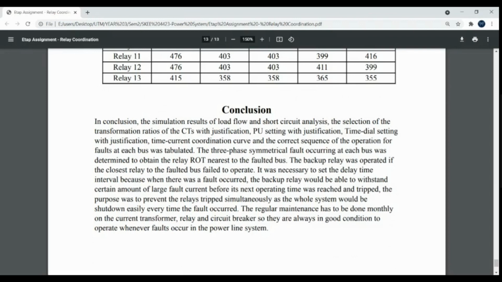The purpose was to prevent the relays from tripping simultaneously, as the whole system would be shut down easily every time a fault occurred. Regular maintenance has to be done manually on the current transformer, relay, and circuit breaker, so they are always in good condition to operate whatever fault occurs in the power line system.